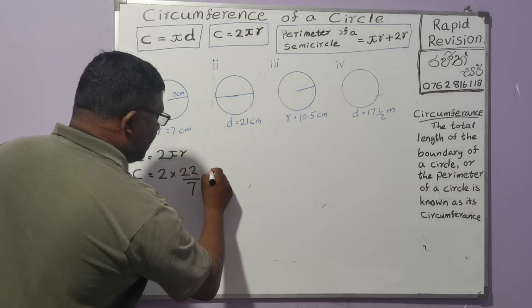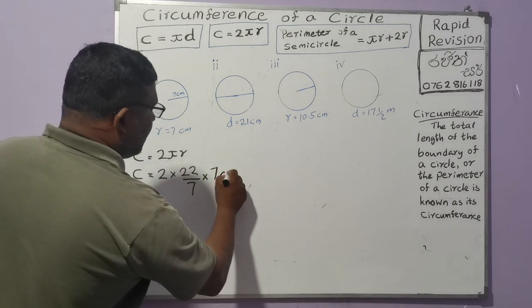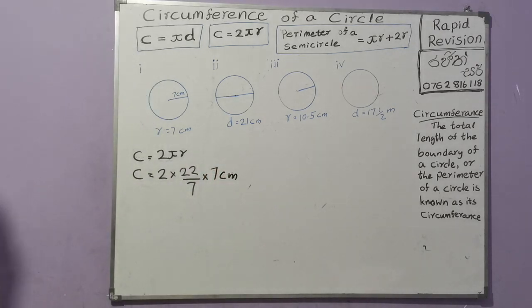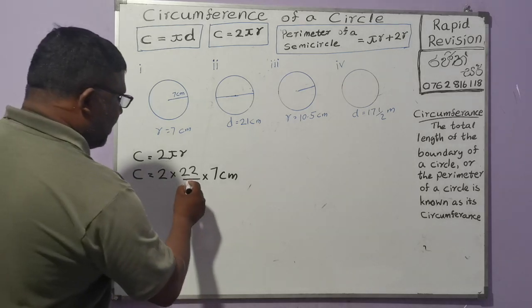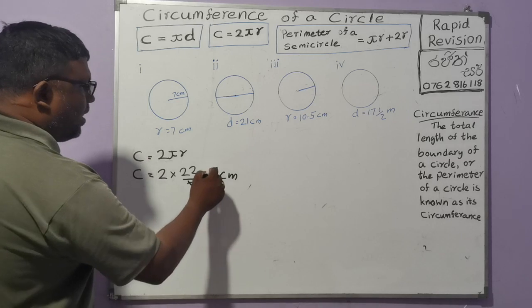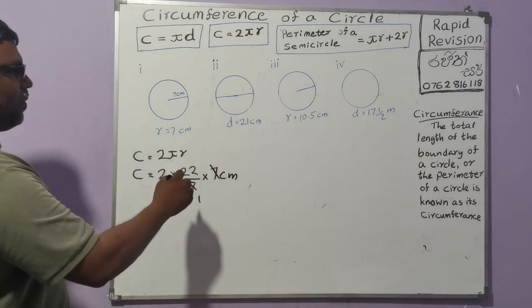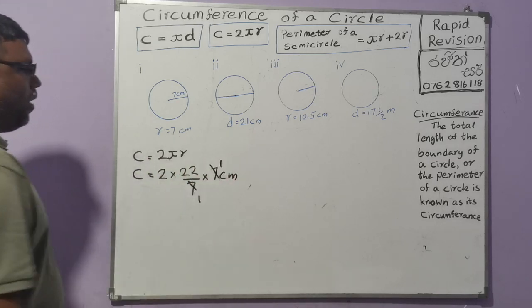Then you can cut this 7 by 7, that is 1. Then this other 7 by 7, that is also 1.